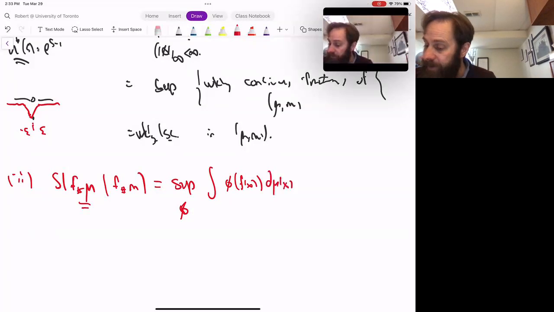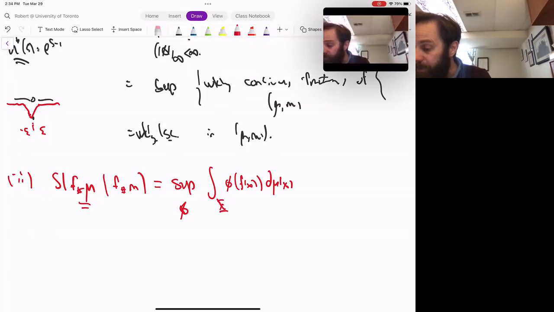So this would have been defined as an integral over y, but now I'm going to express it as an integral over x. And similarly, I would have u star composed with phi, integrated against f push forward m, which is like composing with f and integrating against m over x instead of y.